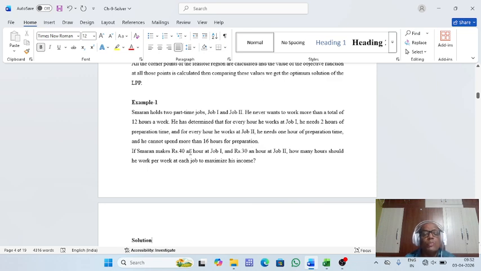If Smaran makes rupees 40 an hour at job 1 and rupees 30 an hour at job 2, how many hours should he work per week at each job to maximize his income?